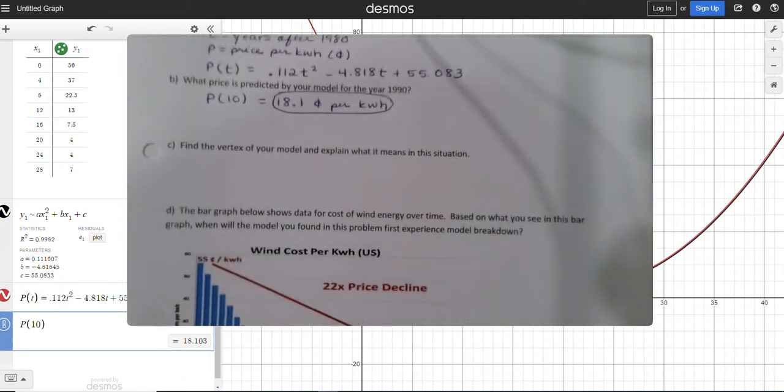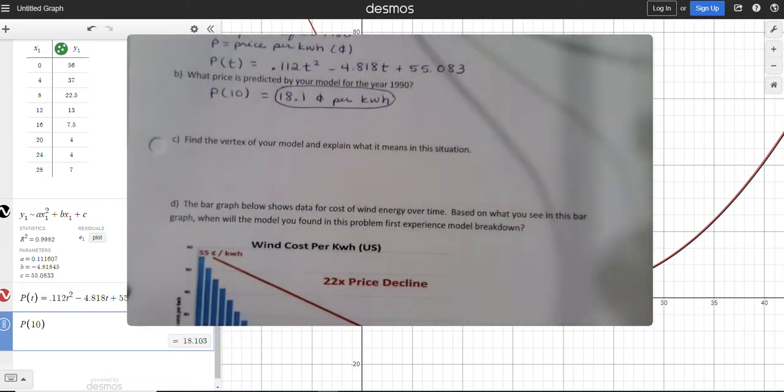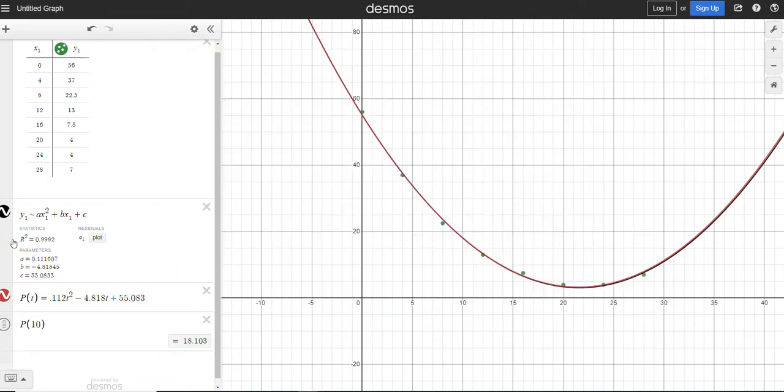All right, next we want to find the vertex of the model and explain what that means. So I'm going to turn off theirs and just keep mine. And I'm going to turn off the points as well. And then I can kind of see a little bit easier. There it is. The vertex is about 21.5, comma 3.27.